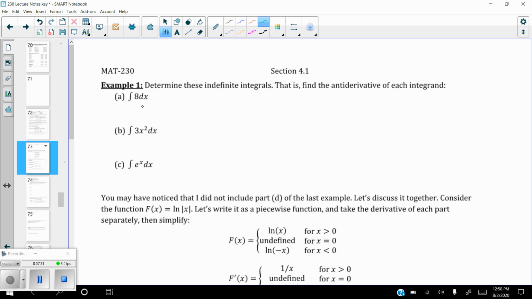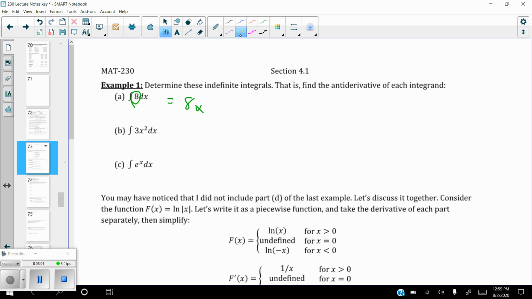So once we actually take the antiderivative, we're only taking the antiderivative of 8. That's the integrand. So what is the antiderivative of 8? Or basically, what would I have had to have taken the derivative of to get 8? Well, obviously, that would have to come from 8x. You take the derivative of 8x, you get 8. So the antiderivative, or the integral of 8 dx, is 8x.